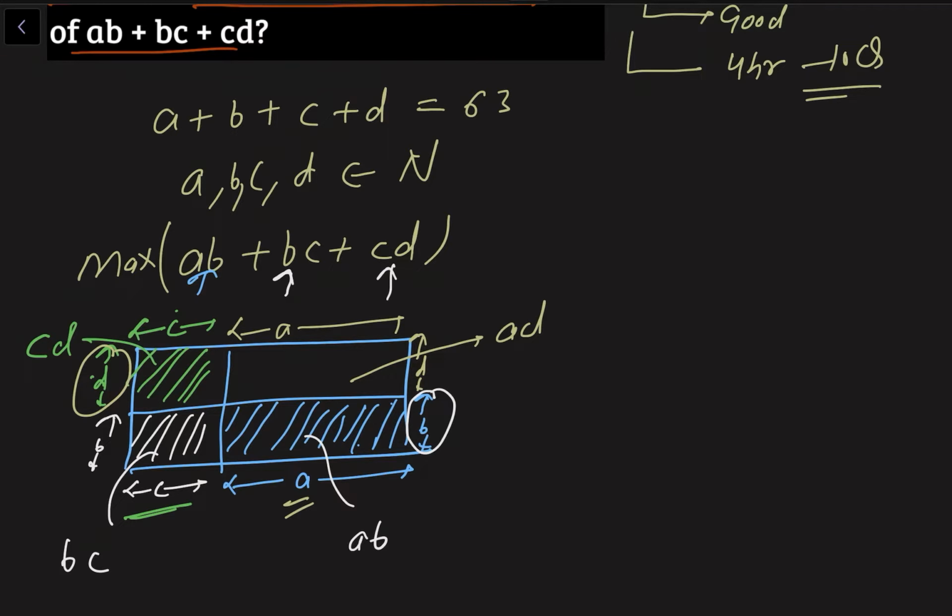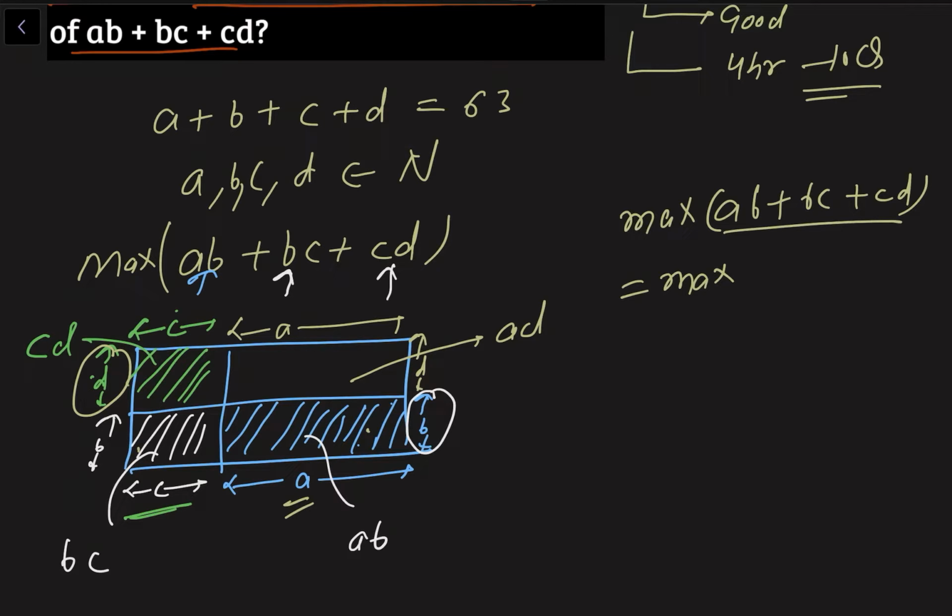Now since we need to maximize AB plus BC plus CD, I have to maximize the shaded area, because this is AB, this is BC, this is CD, so this quantity is equal to the shaded area only. So we need to maximize the shaded area.